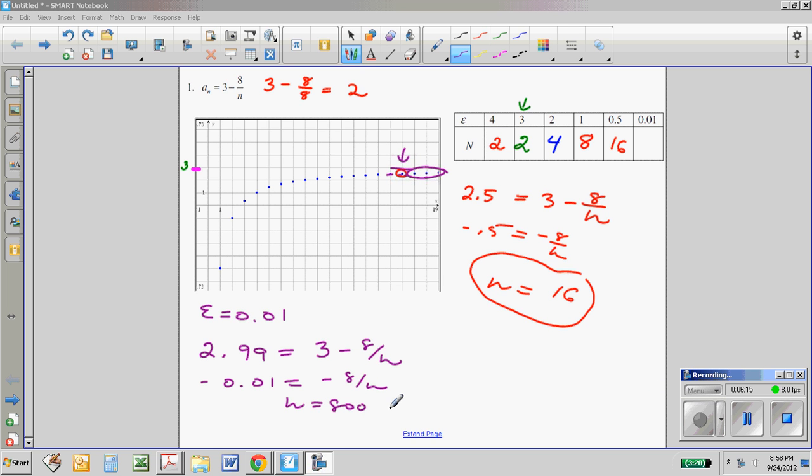And if it's exactly 800, that means I am right on the border. So if I substitute n with 800, I will be exactly 0.01 units away from the limiting value. But I don't want to be exactly 0.01 away, I want to be actually closer. So that 800 is going to be the big N. So then if I pick anything after that, I'll be inside.